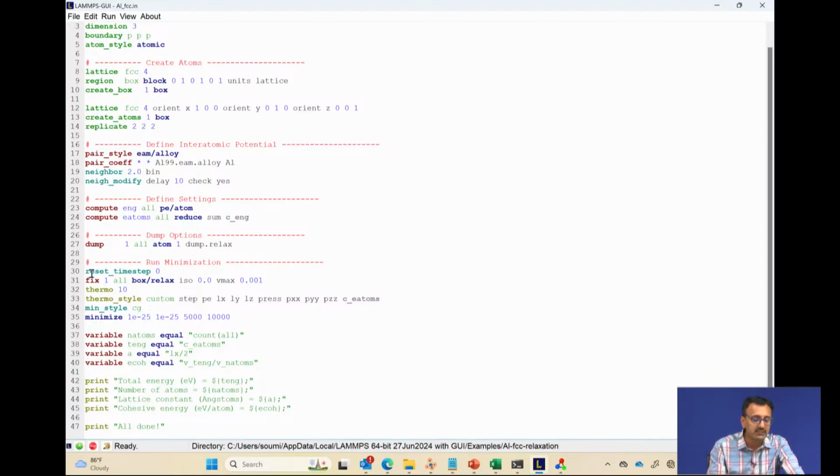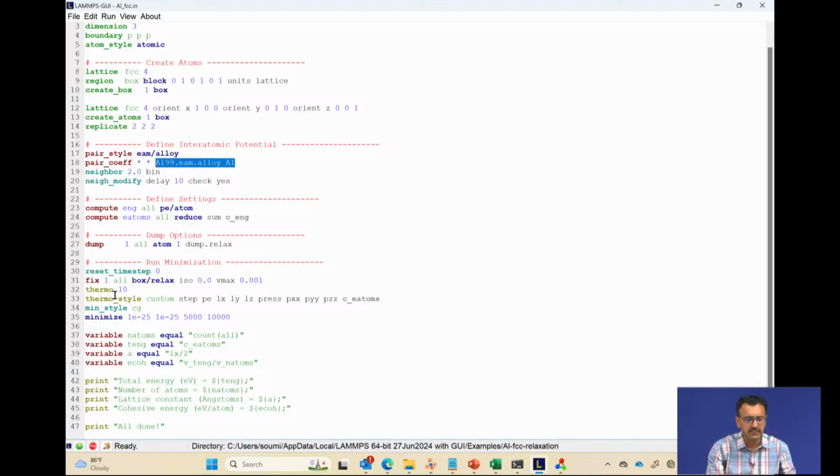So you're resetting the timestep, starting from the beginning, and relaxing this box. You introduce a fix to relax this box in an isotropic pressure setup. You don't want any specific pressure applied on the different sides of the box. You want to relax the volume of the box to reach the right lattice parameter that this potential model will drive the system to.